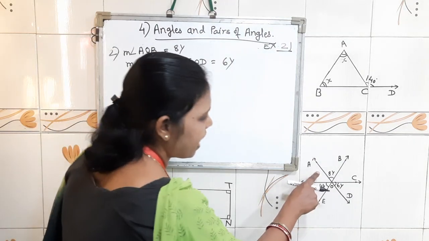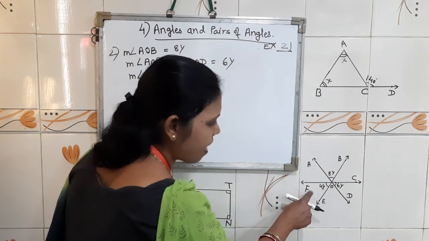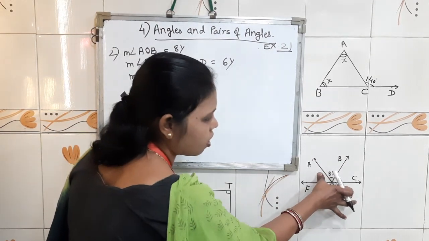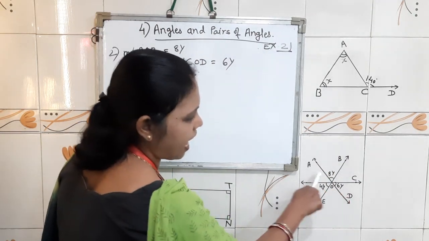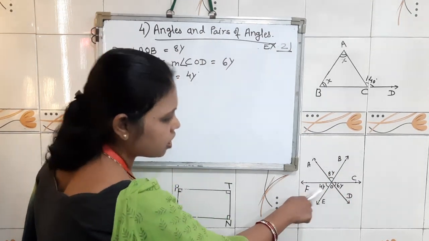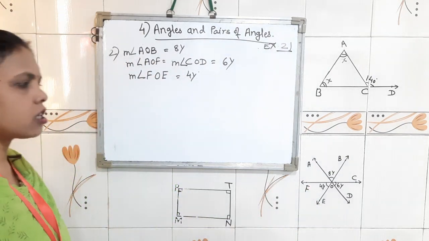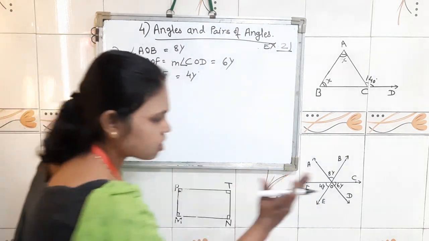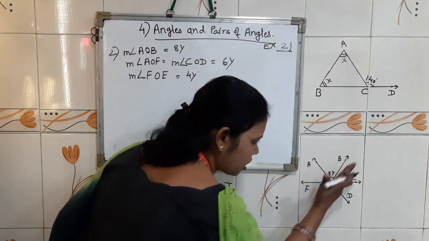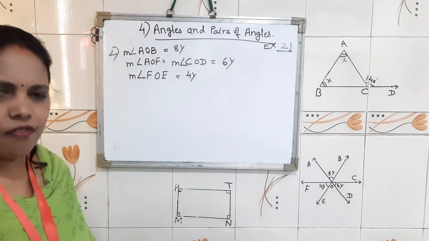Second point, angle AOF, 6y. Vertical of these two, this and this, 6y. This one, FOE, 4y. So, children, here, as we are going to see, this one is making a linear pair of angles.